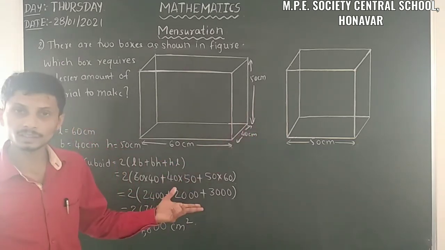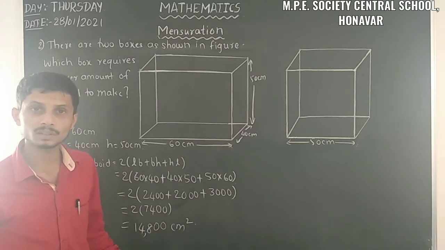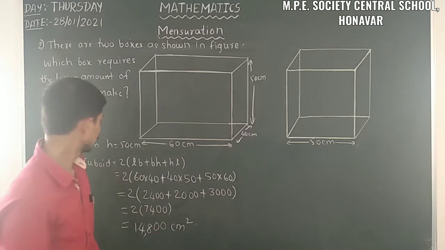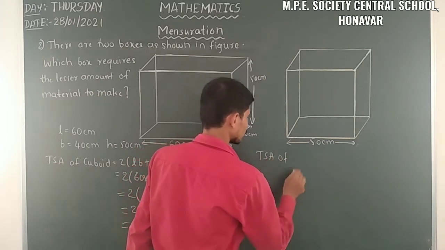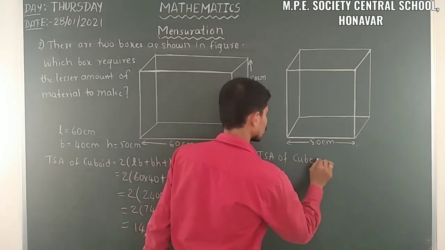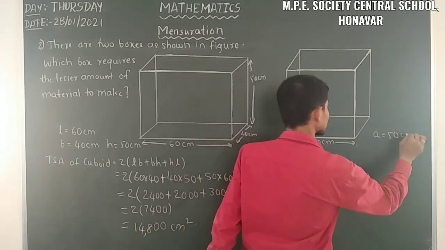After finding the surface area of the cube, then only we can analyze which one requires a lesser amount of material. The TSA of cube is equal to 6a square. What is the value of a here? That is 50 centimeter.